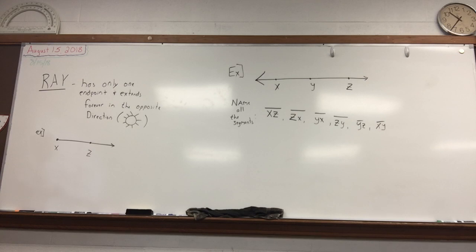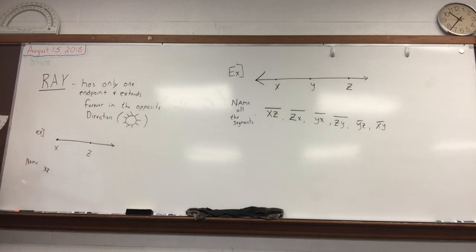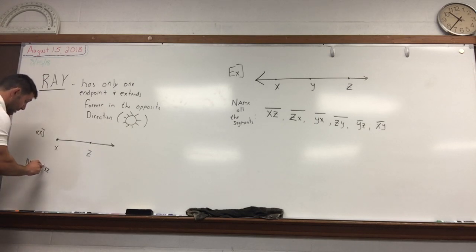How would I name this ray? Anybody want to be bold and take a guess? Go ahead, Nevada. I really don't know, but Ray XZ. Very good. So the name is Ray XZ. But what do I need to put above it? The ray symbol. Very good, Macy.